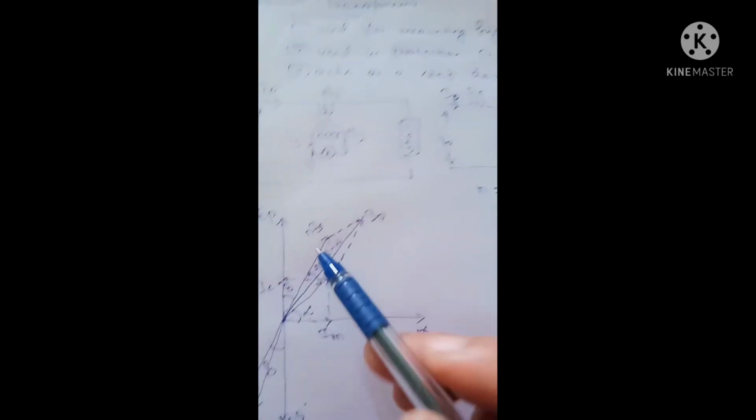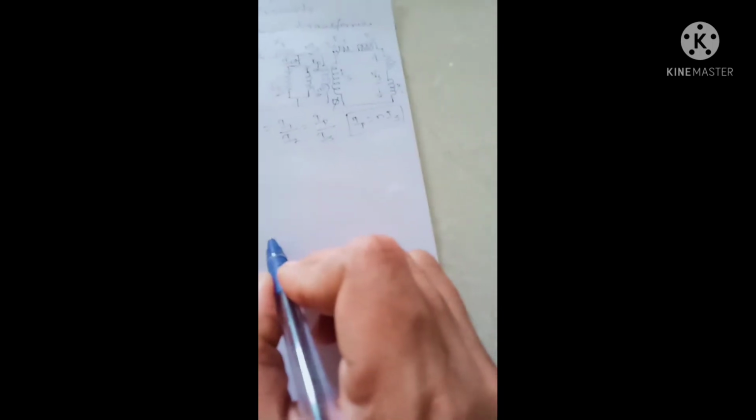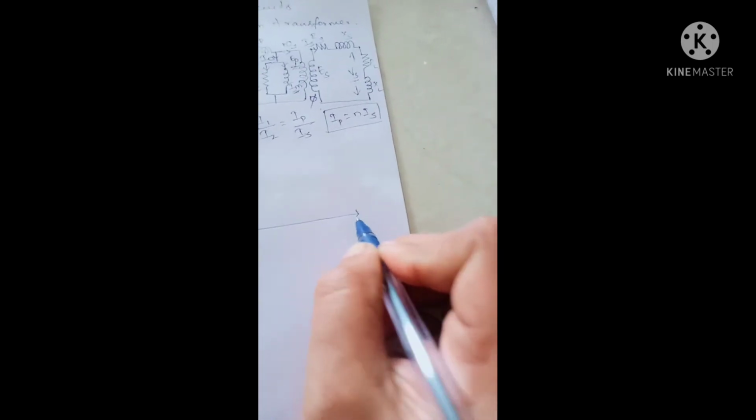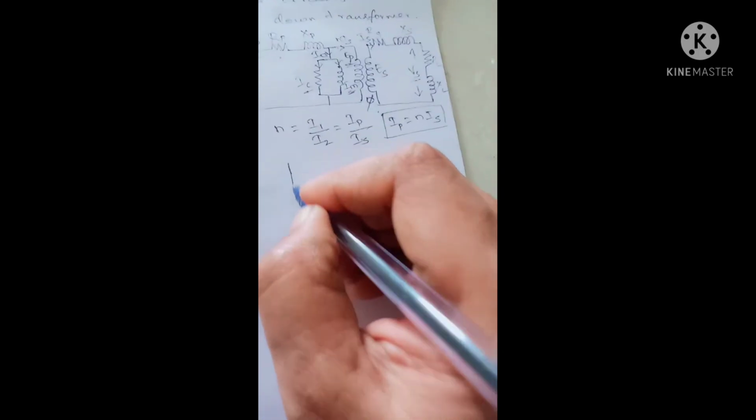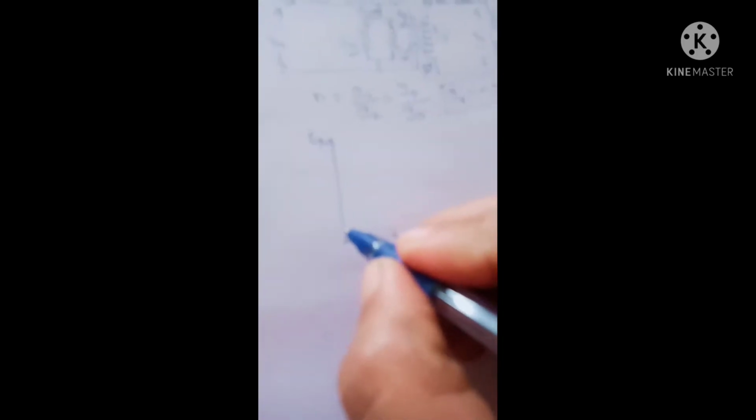To derive that expression, I am going to consider only this quadrant. So once again I am going to draw the phasor diagram considering only the first quadrant. In the first quadrant we have phi, and here we have Im, and here we have EP, then we have IC. The combination of IC and Im will be I0.